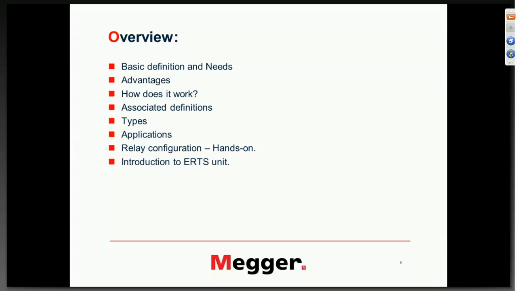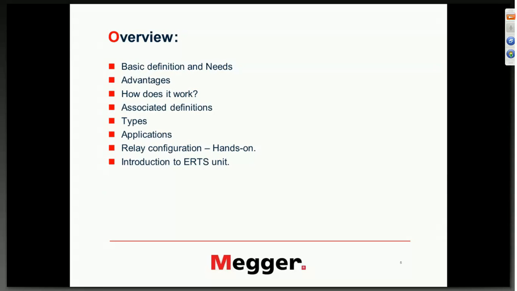Most importantly, if you don't know much about auto reclosure, we are going to see how it works, to get a feel of what happens in the system when you install your auto reclosure. After that, we are going to see some associated definitions just to make sure that you know what those are.